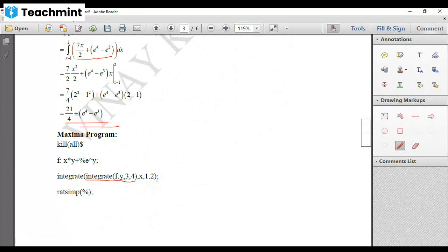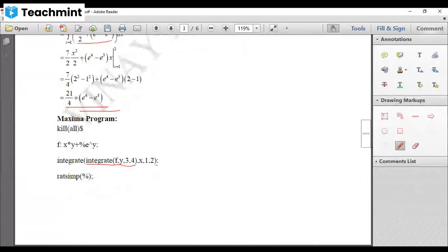So this answer which I got is temporarily stored in RAM, and I want to simplify that answer. So I'll use the command RATSIMP of percentage. Percentage indicates that the previous value which is stored in the RAM will be taken here to evaluate this. So RATSIMP of percentage gives you this answer, right?